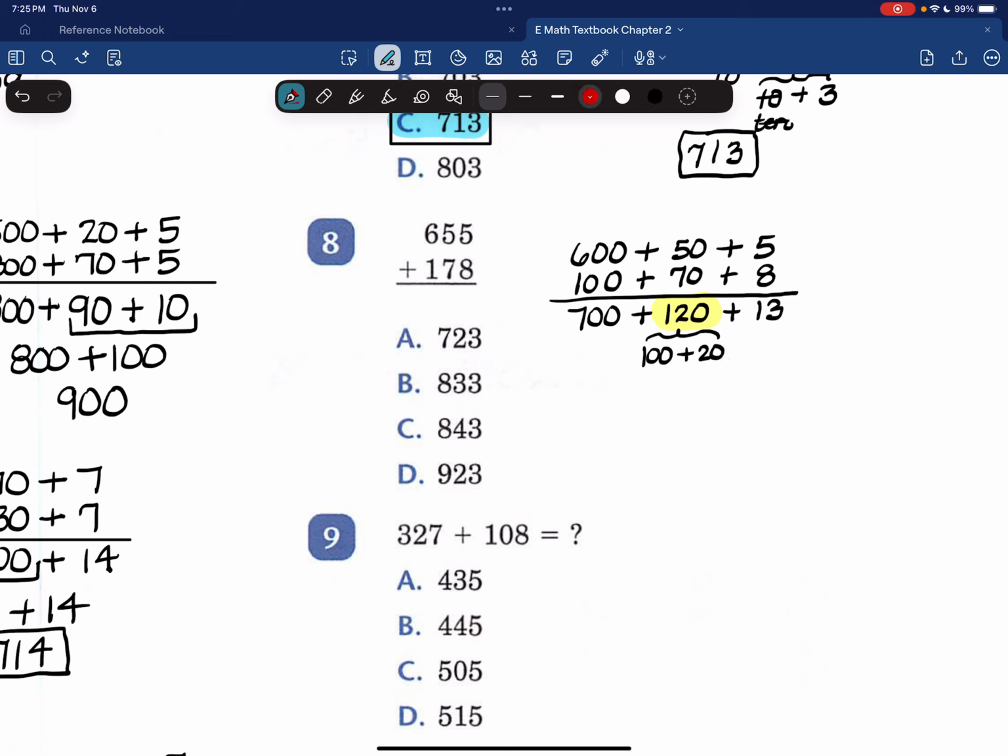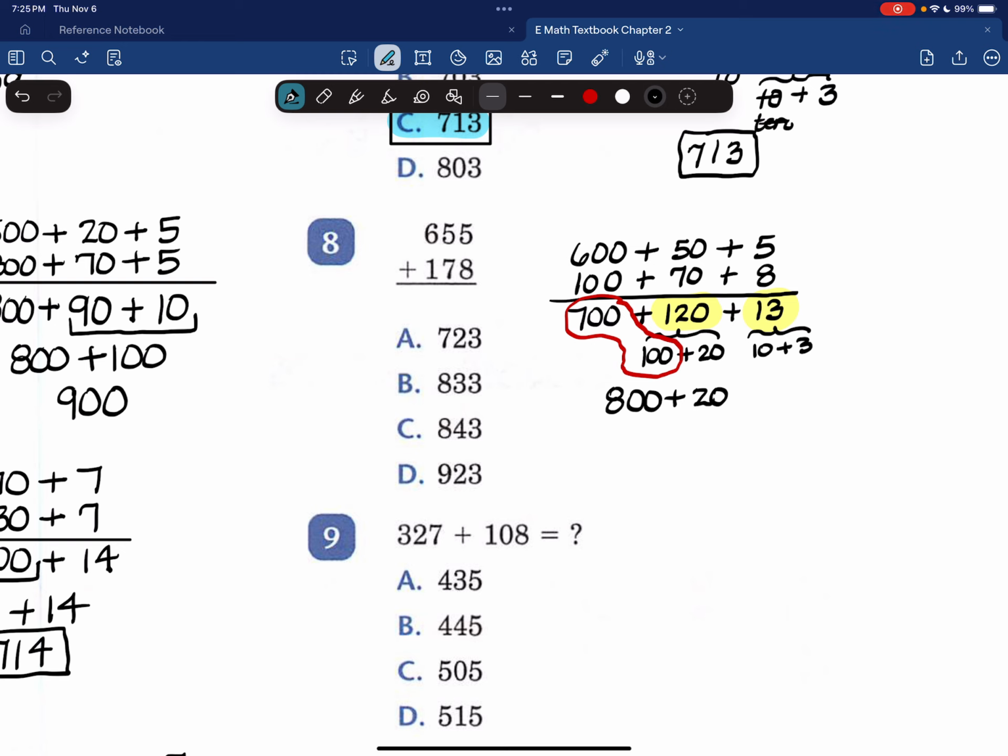And then I will combine those two flats to get 800 flats, 2 tens, and this one we can also rename. That would give us a 10 and a 3.